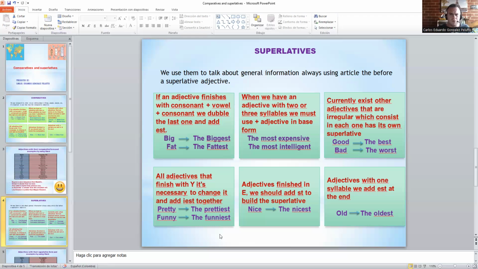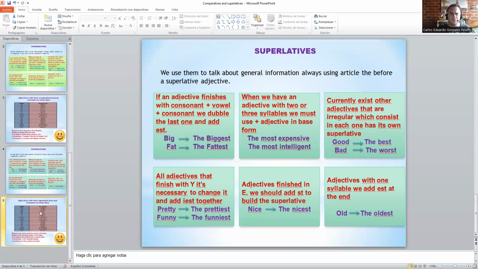These are examples of irregular adjectives in superlatives. If an adjective finishes with a consonant and y, we erase the y and use the termination iest: the prettiest person, the funniest. If an adjective finishes with e, we add st: the nicest. If an adjective has one syllable and finishes with a consonant, we add est. Can you understand?